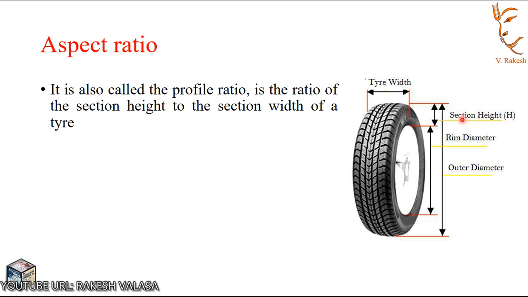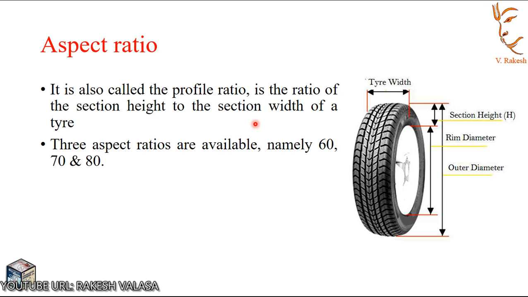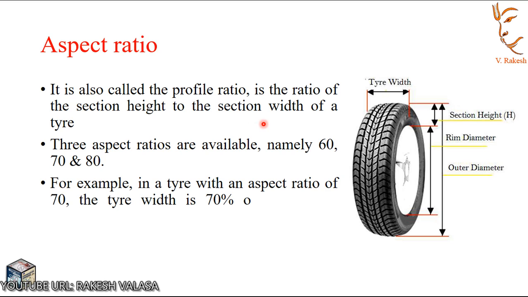Sectional height means the height of the tire from the bead to the top of the tire. Aspect ratio is also called profile ratio. It is the ratio of sectional height to the sectional width of a tire. Three aspect ratios are available, namely 60, 70, and 80. For example, in a tire with an aspect ratio of 70, the tire height is 70% of the sectional width.